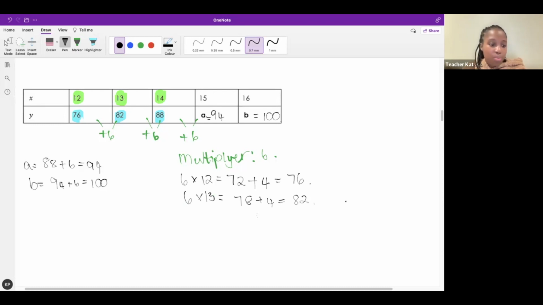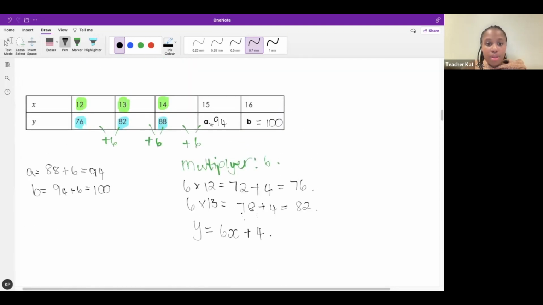Is that the output that we want? 82. Yes, it is. So my formula is then correct. Now let's write the formula properly. Y is equal to, nice, 6x plus 4. Beautiful, guys.